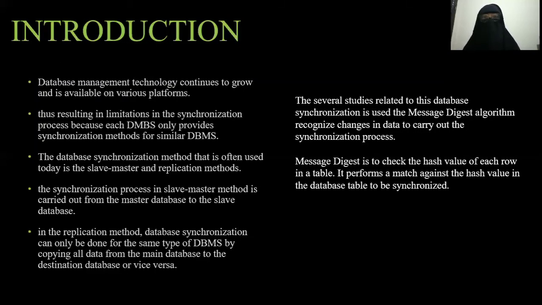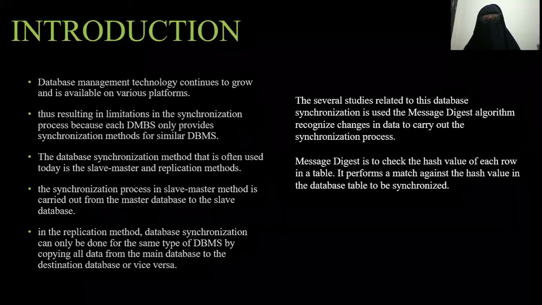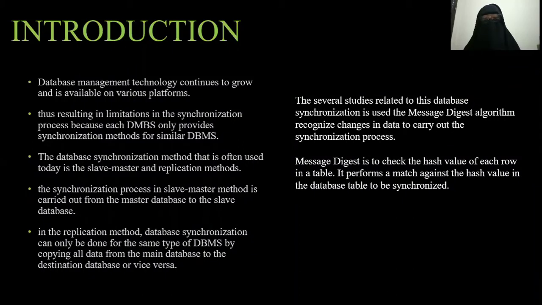Several studies are related to this database synchronization, including database synchronization for mobile devices. In those studies, the message algorithm is used to recognize changes in data to carry out the synchronization process.